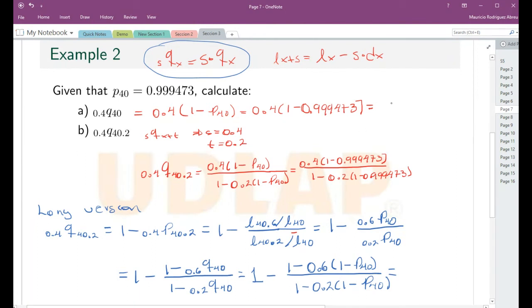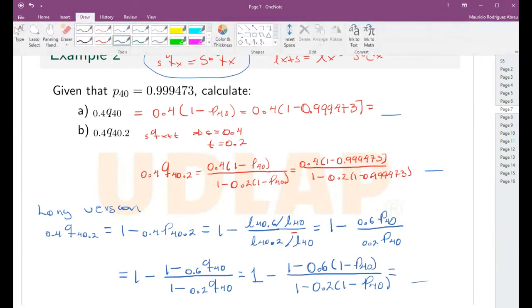So can you help me estimate these values, these probabilities? The first one, so we have this, and then double check that this is almost the same. Okay, so let me change colors again.